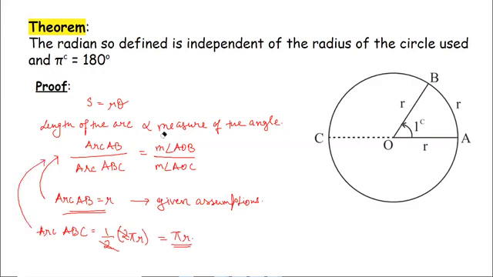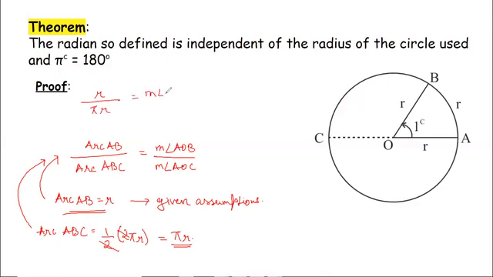Erasing the upper part, I hope you have noted it down. Continuing, r upon pi r is equal to measure of angle AOB upon measure of angle AOC. The r's cancel, so we are left with 1 upon pi. I hope you have noted it down.